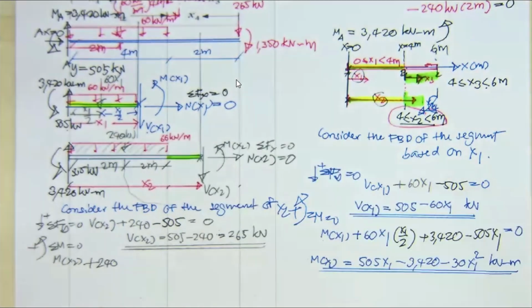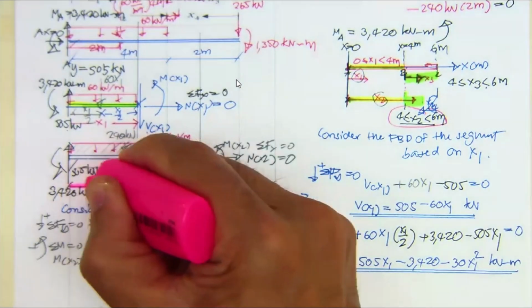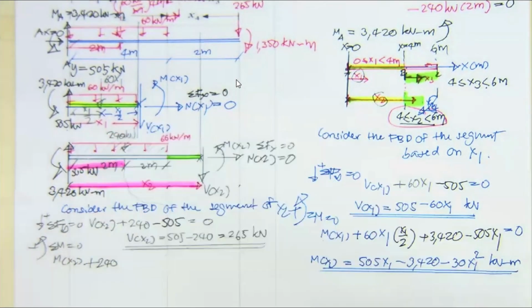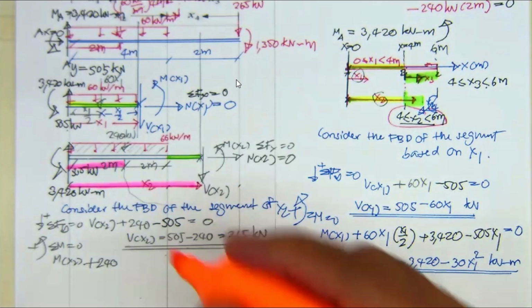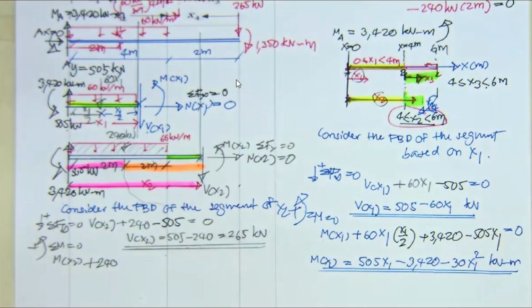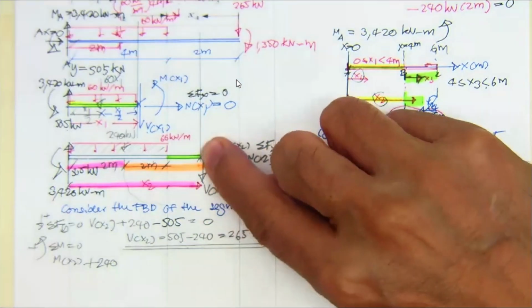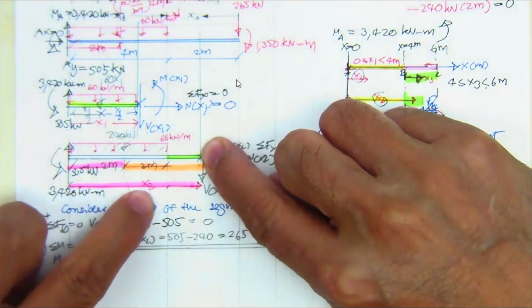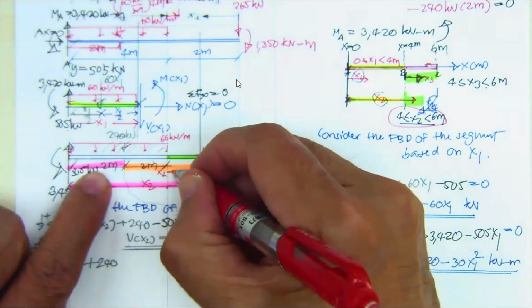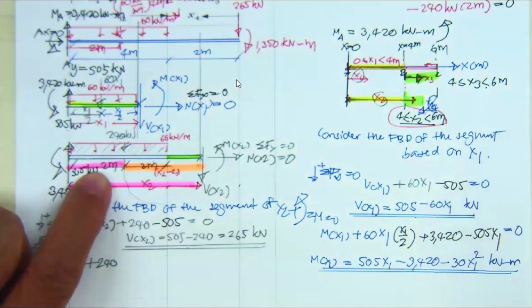All of this is x2. This is 2 meters. So the distance that we are looking for, the orange, what can it be? It's going to be x2 minus 2.